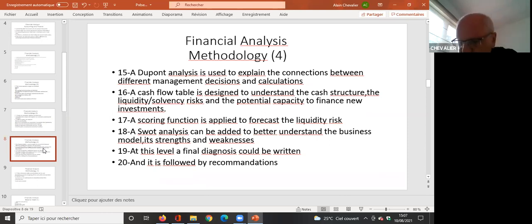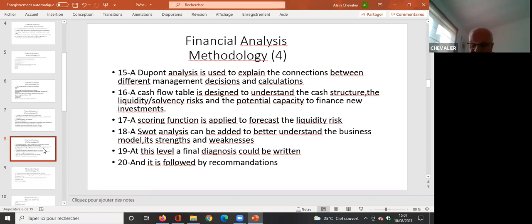Probably more important, this is point 16, and point 16 is a cash flow table. A cash flow table should be designed to understand the cash structures and modifications in the firm, and to identify in another way the liquidity, solvency risk, and the potential capacity to finance new investments.